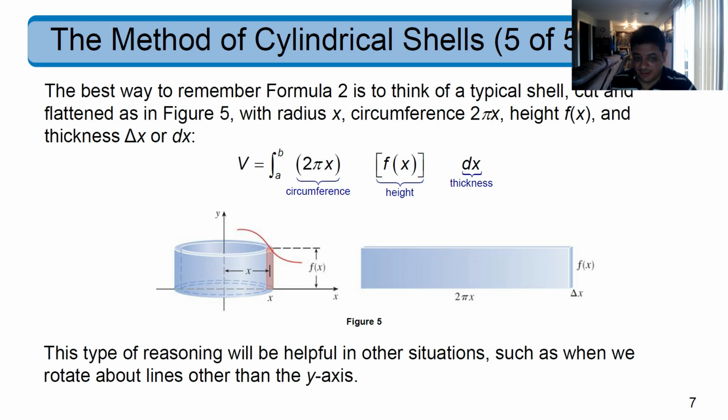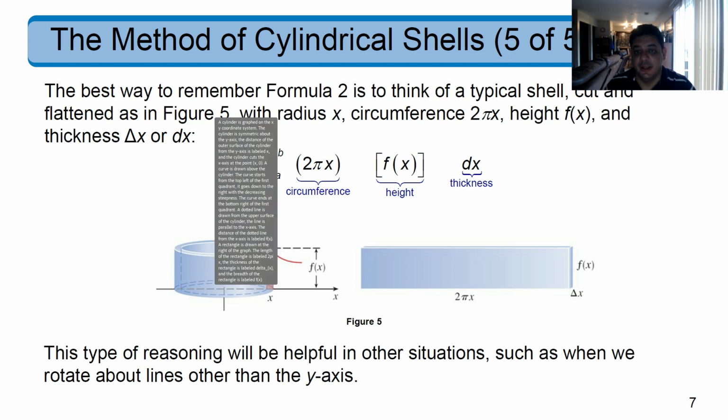Delta x means the thickness, and f of x means the height. Okay? So we're analyzing the area of a particular sheet, which measures 2 pi x by f of x, and it has a thickness delta x that transforms the whole thing into a volume.